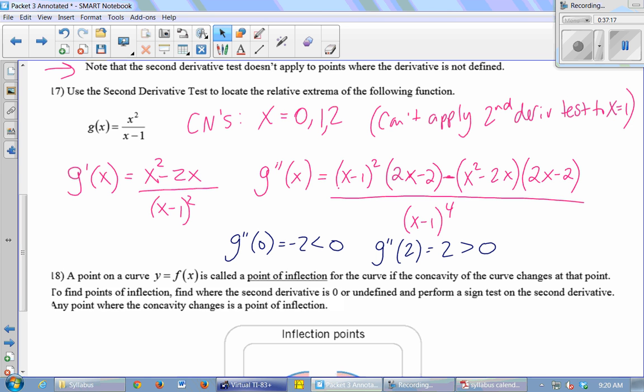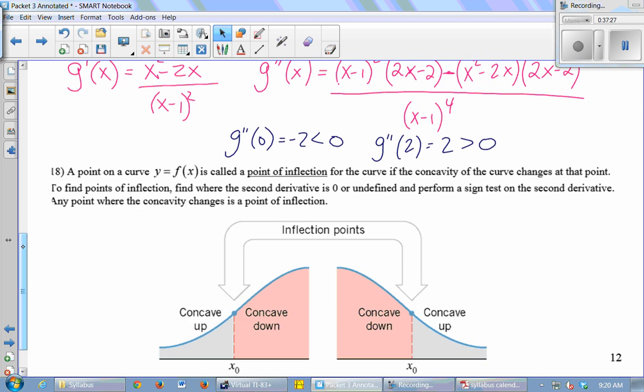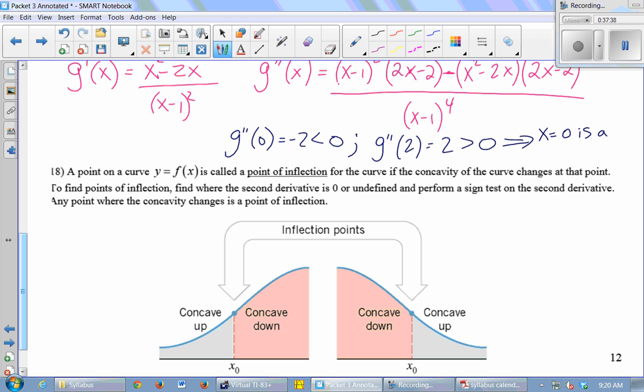And at 2, I have a horizontal tangent line, and the graph is concave up, which means it's a min. So same conclusions that I got when I used the first derivative test. So these two statements lead me to say x equals 0 is a max, and x equals 2 is a min.